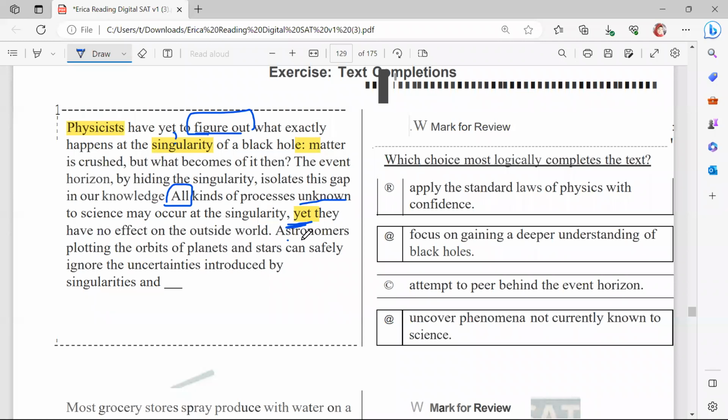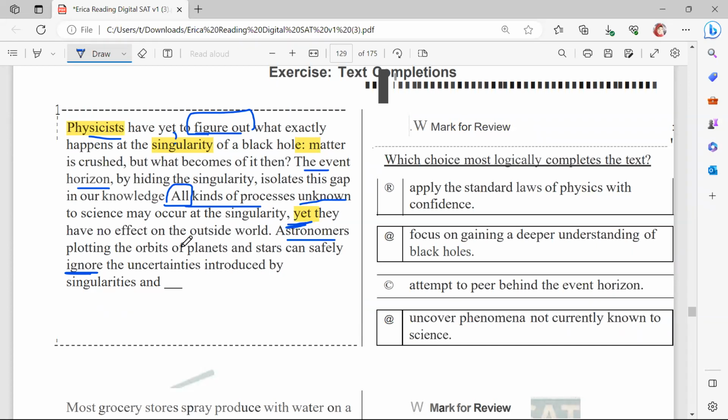Okay, astronomers. So here, this is the main focus. Physics. The event horizon, main focus. Astronomers plotting the orbits of planets and stars can safely ignore, since whatever is related to singularity will not affect the outside world.